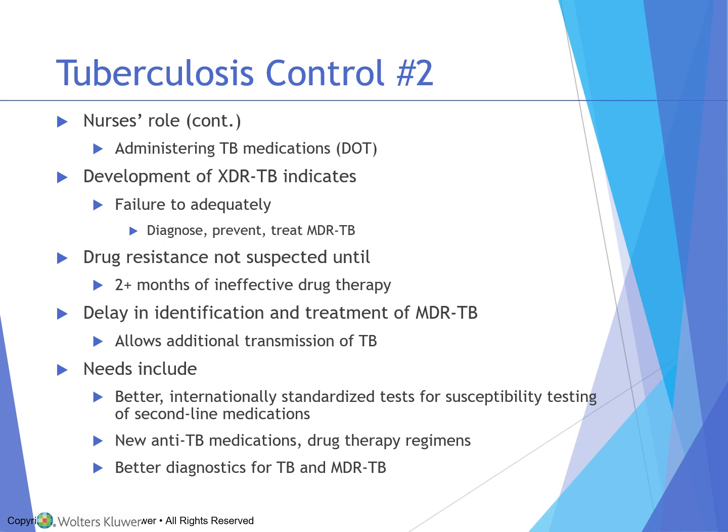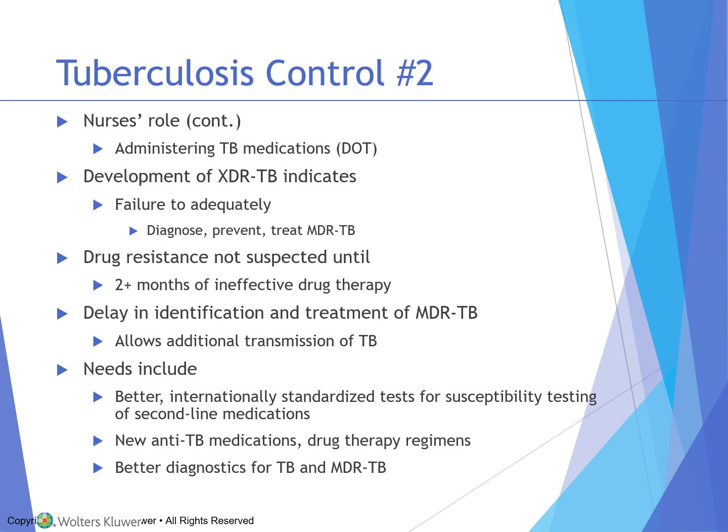Now, the needs to prevent, control, or limit this disease include a better internationally standardized test for susceptibility testing of second-line medications. That's something that we need to develop, right? Having a better outcome not only as a nation here in the US, but also internationally.